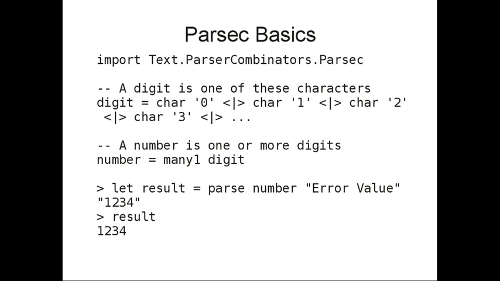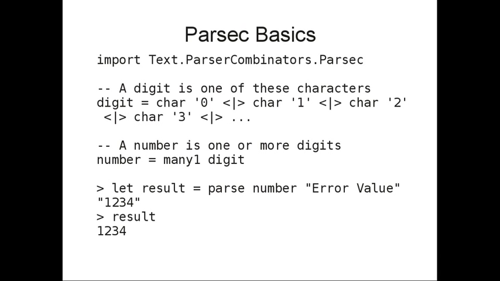So given this digit parser that we've made, we can generate a parser for a sequence of digits, or a number, by calling the many1 function on the digit parser, and that produces a new parser that takes one or more digits. And so once we've done that, we can go ahead and use that in the Haskell interactive shell, GHCi, by typing in something like this.